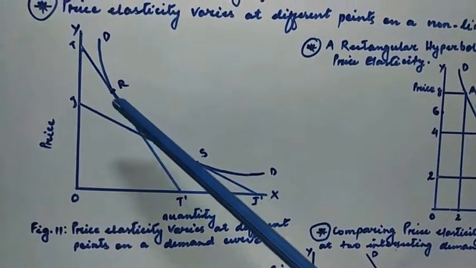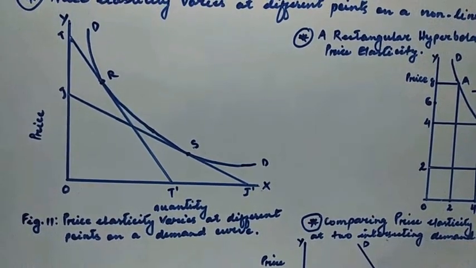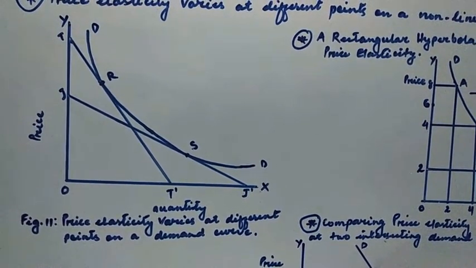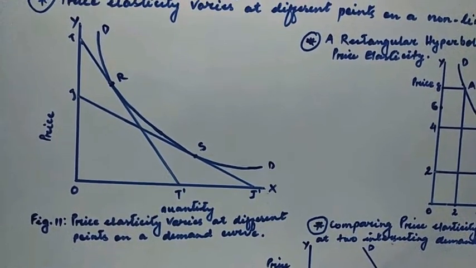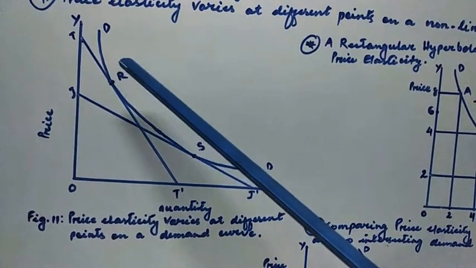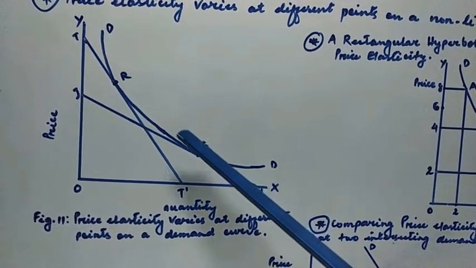That is what we have found in this diagram. Similarly, price elasticity at other points of the demand curve DD will be found to be different.